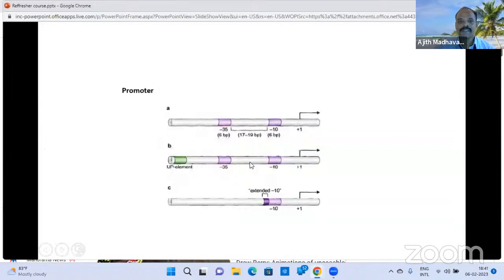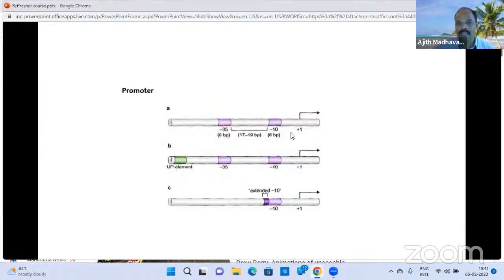So this -35 means there are 6 nucleotides around minus 35, which is very, very important. You have a minus 10 region, which is very, very important. How many nucleotides are there? 6 nucleotides.